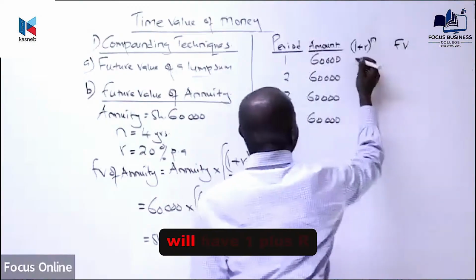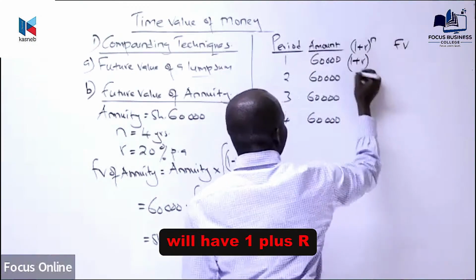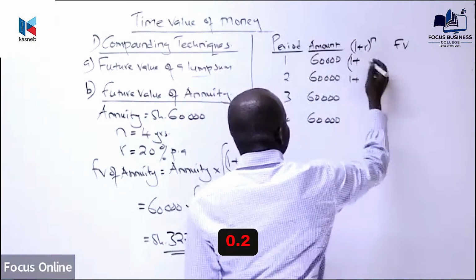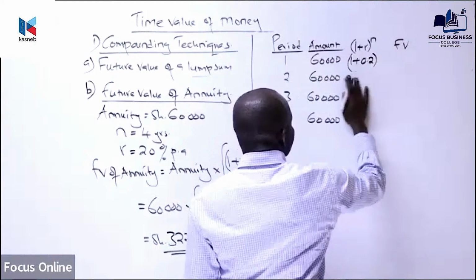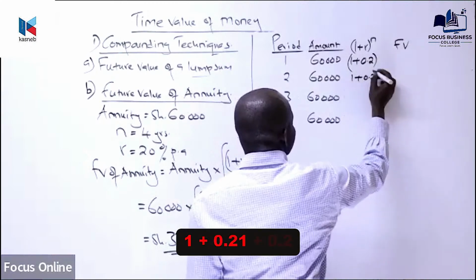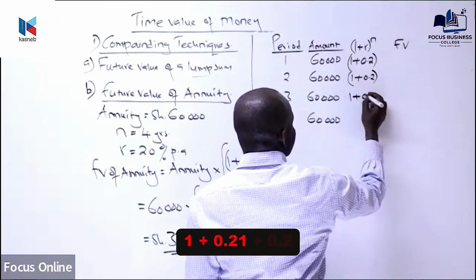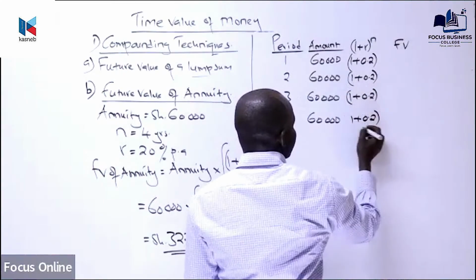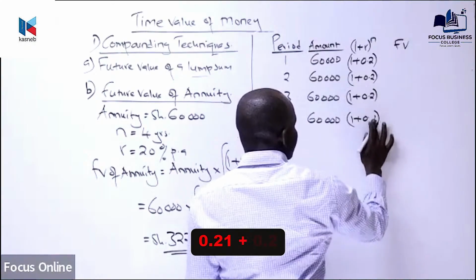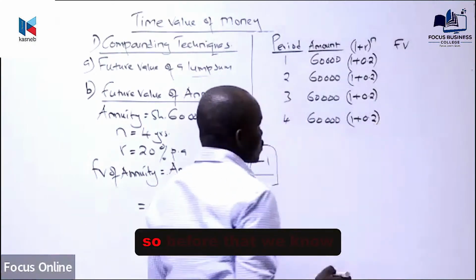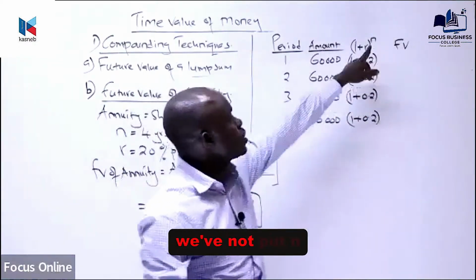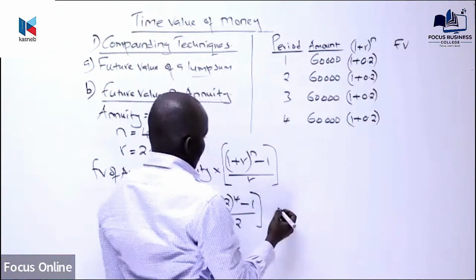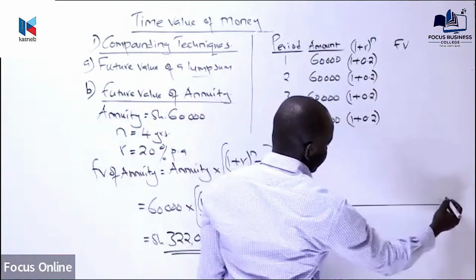So here we will have 1 plus R, this is 1 plus 0.2. So before that, we know we've not put n. That is what I want to illustrate here.